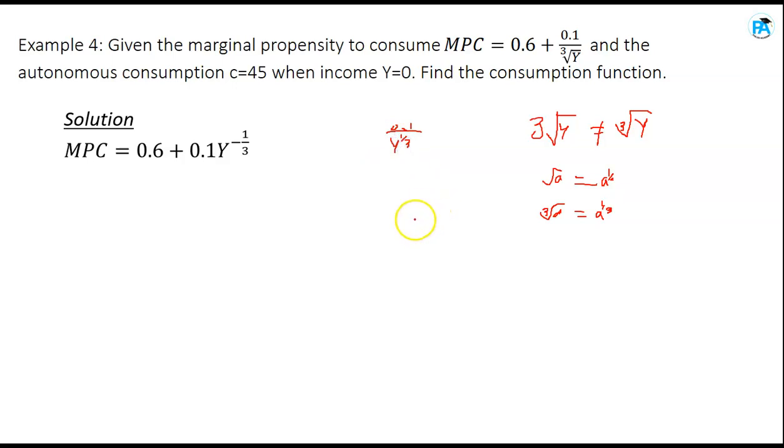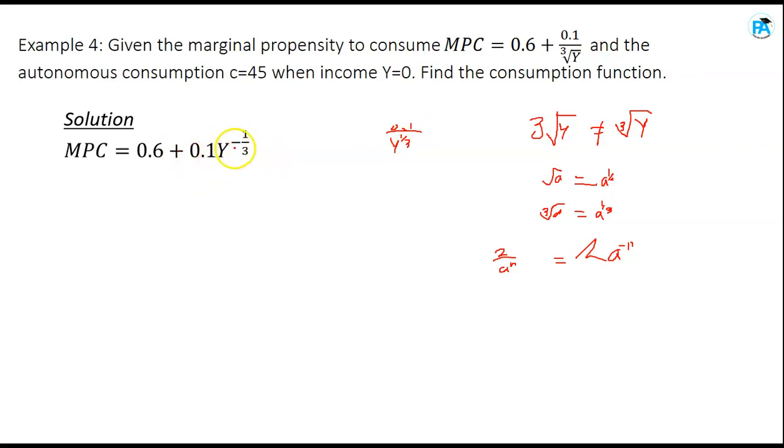Now, you learned from basic mathematics that 2 over A exponent n gives you 2A exponent negative n. If you want to bring this to this, you have to attach negative to the exponent. So that's what I've done here. 0.1 divided by y exponent 1 over 3 gives me 0.1 times y exponent negative 1 over 3.